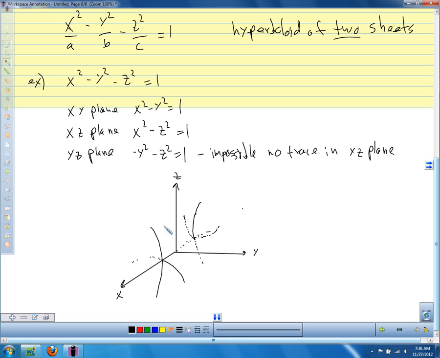Yes, two cups facing like this. And we would connect, so if x is greater than 1, I have circles. So my hyperboloid would have little circles connecting here, like so.